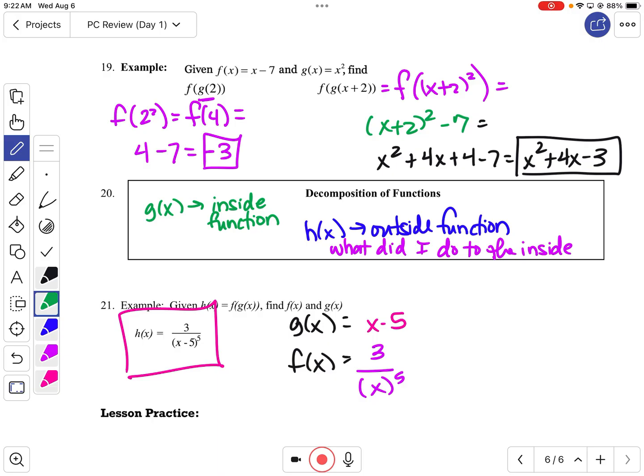We could also have said that the whole denominator was the inside. And if that was true, what would the outside be? Yeah, just 3 over x. So either one of those is an accurate decomposition. But again, we'll focus on the best decomposition at some point. So that's it in terms of review.